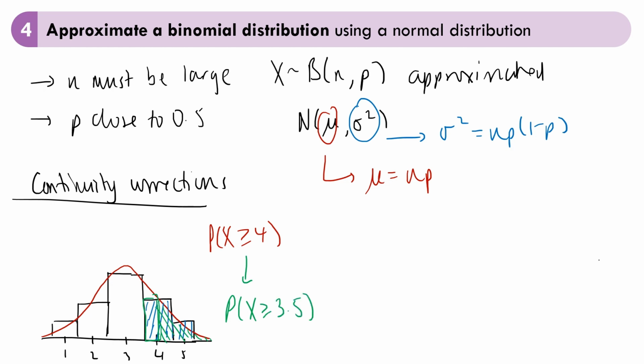Now if instead we're looking for the probability that x is less than 3, then on our binomial distribution, we're looking at the shaded area in blue again here. So the bars at 1 and 2. But if we're looking at the normal distribution, we also include from 3 here.